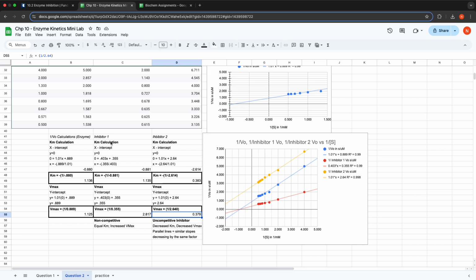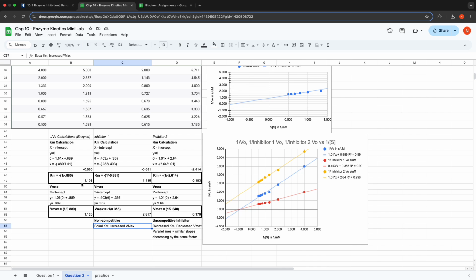So what does this mean? Looking at the relationship between the enzyme and inhibitor 1, we find that this is a non-competitive relationship. The reason we say this is we have sort of a mixed bag as far as how these correlate.